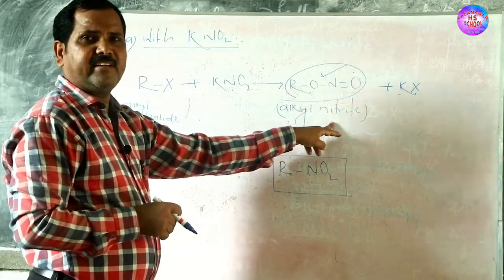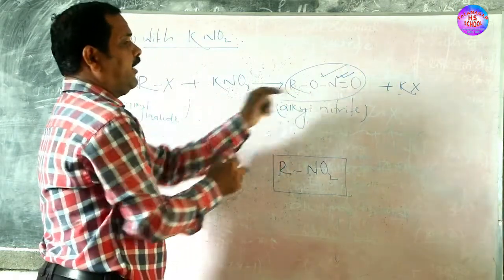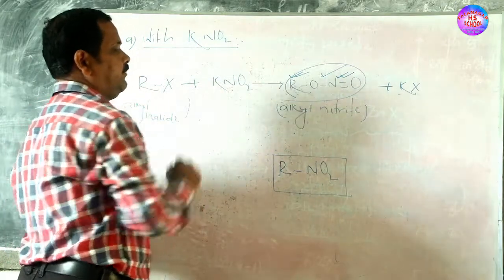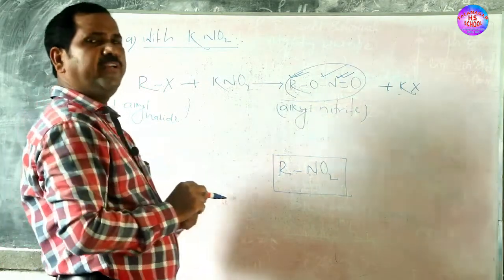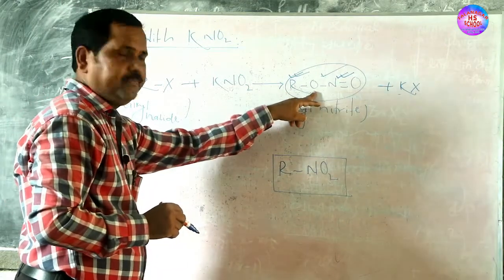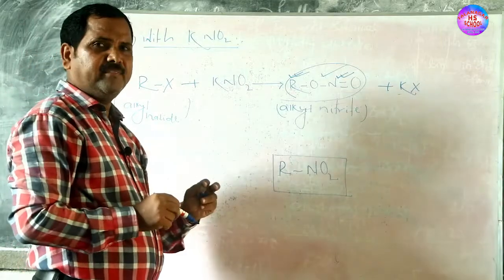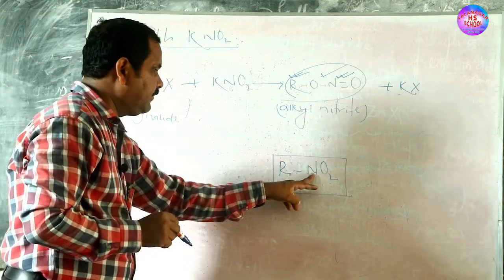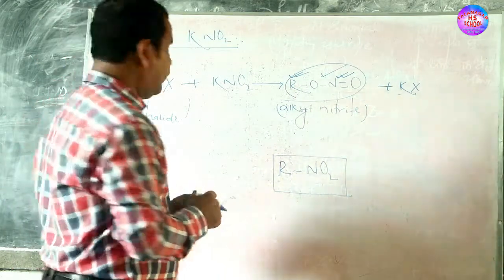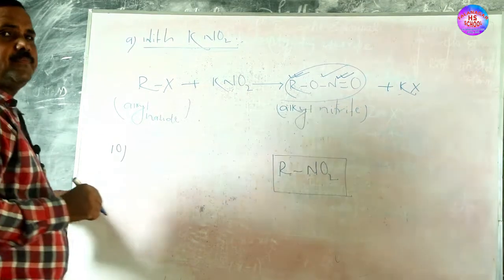In the alkyl nitrite, the nitrogen atom is bonded to the carbon atom through an oxygen atom. So in between nitrogen and carbon, there is one oxygen atom. But in case of nitroalkane, the nitrogen atom is bonded to the carbon atom directly.